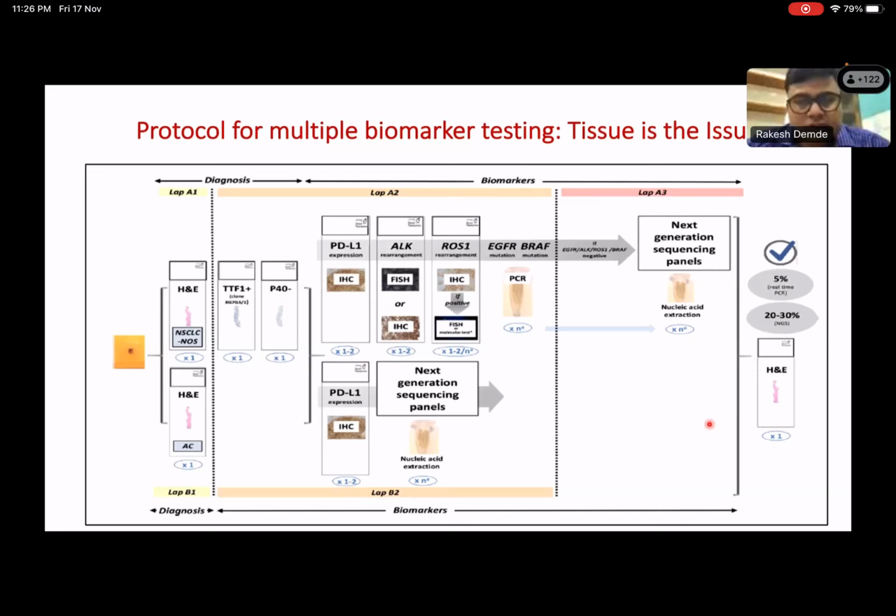In such cases, as next generation sequencing becomes a little cheaper in lung carcinomas, you can directly order it, where the tissue can be preserved, or two cores of biopsies can be taken, one for IHC and the other for next generation sequencing, where we can detect, apart from the regular ALK, ROS and EGFR, other biomarkers which cause resistance to treatment or have a prognostic impact.